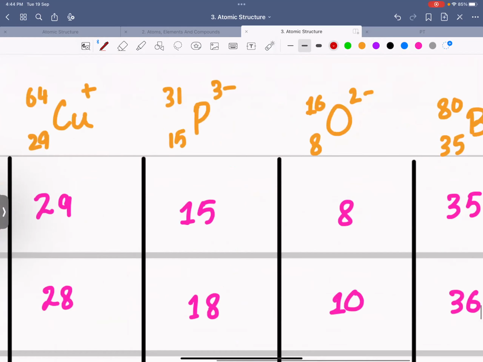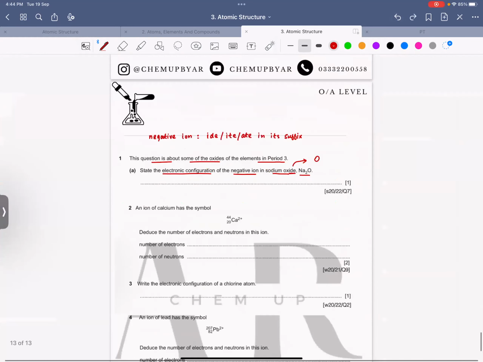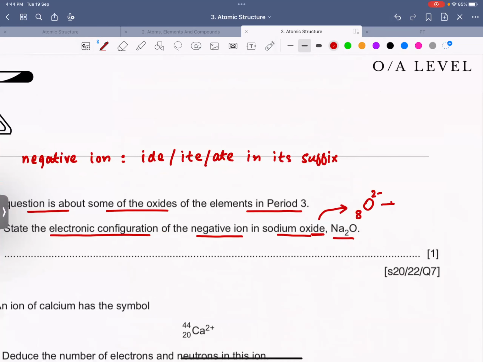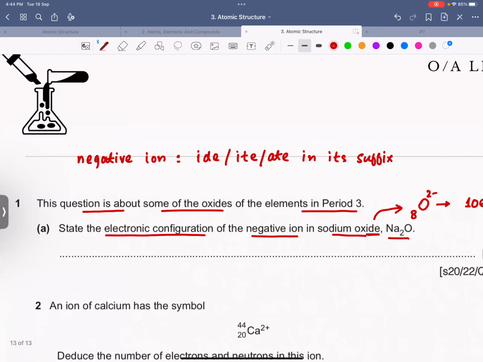And the number of protons is 8. So if it's 2 minus and it has 8 protons, then how many electrons does it have? 10. 10 electrons. So if there are 10 electrons, then how will we write its electronic configuration? 2 in the first shell and 8 in the second shell.